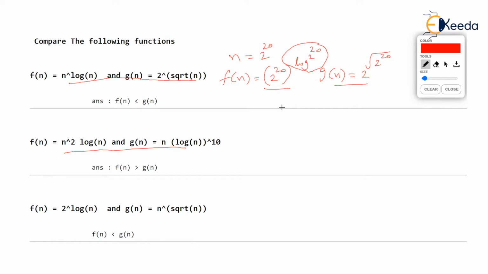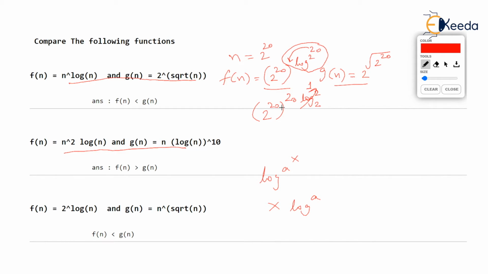Now you know log of a raised to x is nothing but x into log of a. So what we will get here is 2 raised to 20, and this 20 will come down here. This will be 20 into log of 2 to the base 2. And log of 2 to the base 2 is simply 1.